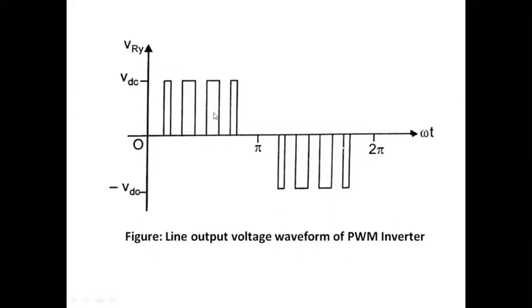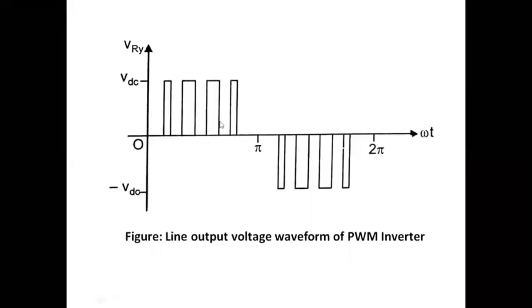For this waveform, these two pulses have the same width, and this one has the same width, and it produces some average output voltage. For the next average output voltage, if you want to vary the voltage, you change the width of these pulses based on the pulse width modulation index.